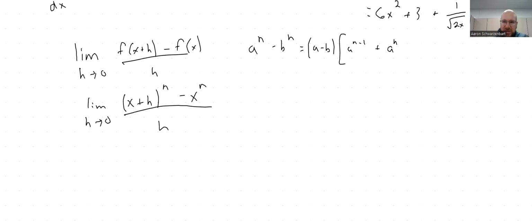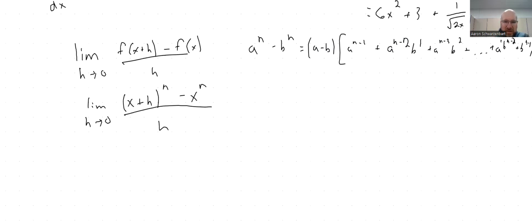The first one had a b to the 0. This one's a b to the 1, plus a to the n minus 3, b to the second, plus a to the first, b to the n minus 2, and finally a to the 0, b to the n minus 1).